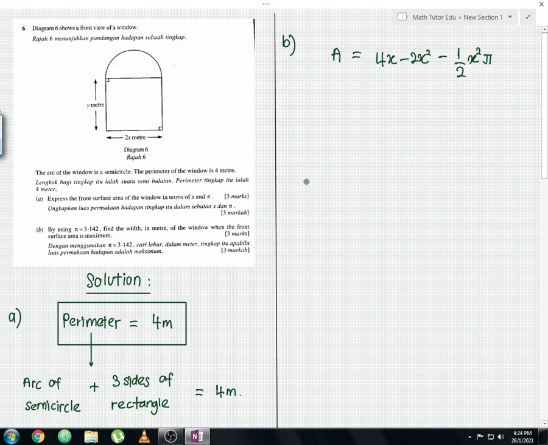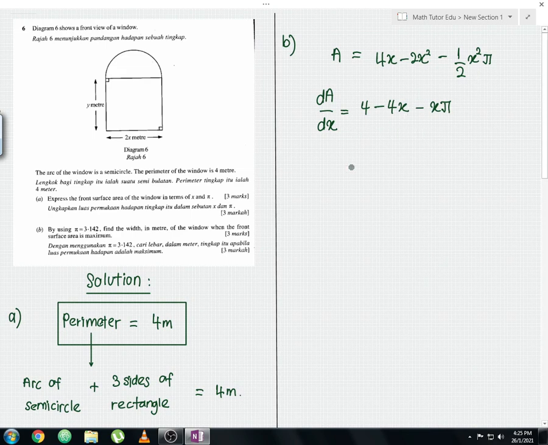From here you should get dA over dx is equal to 4x becoming 4, negative 2x squared becoming negative 4x, and negative 1 over 2 x squared pi becoming negative x pi. This pi you treat as a constant. It's not a variable, it is a constant. I hope you understand the working behind this.